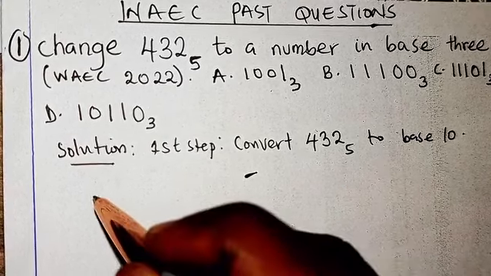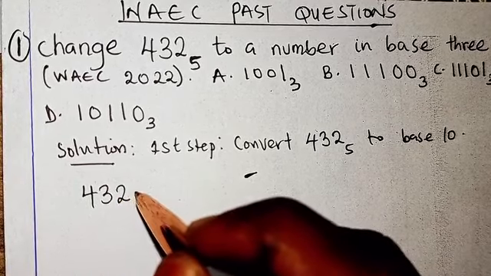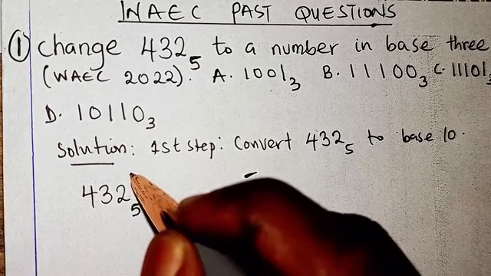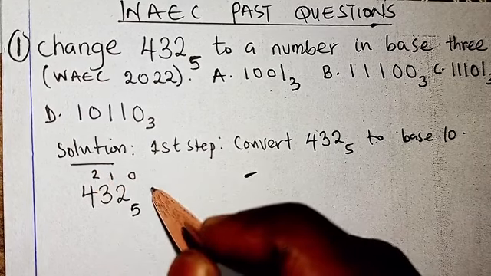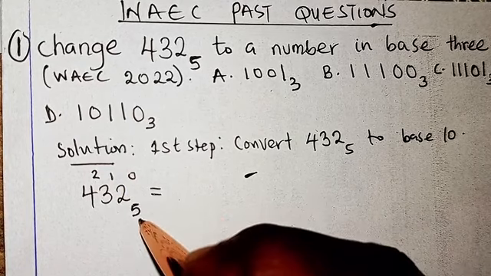So we are going to have 432 in base 5. On top of this, let's put 0, 1, 2. Now we are going to write this in expanded form with respect to the base.